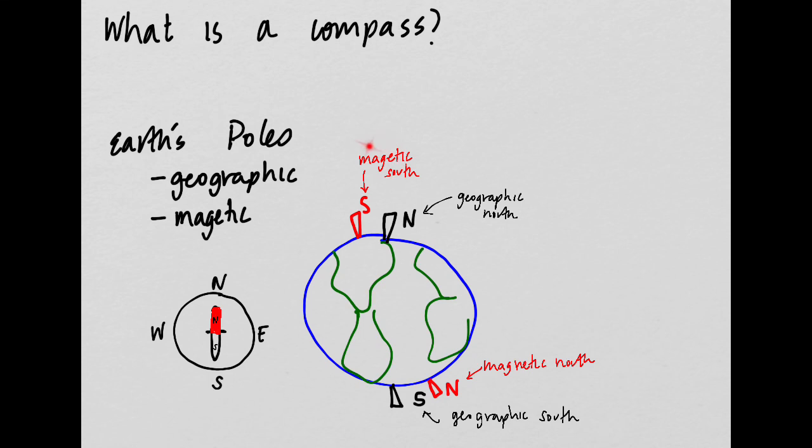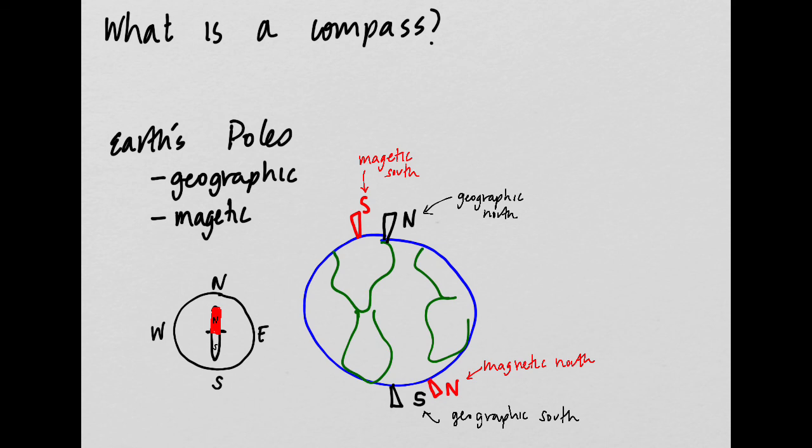Sorry, I misspoke. The south magnetic pole, right? Because the compass always points north. The north pole of the magnet must point toward geographic north, which is the same as magnetic south, because the opposite ends of magnets attract, right?